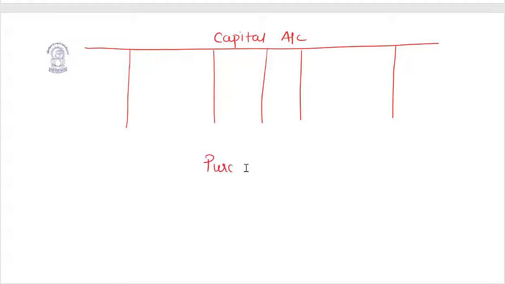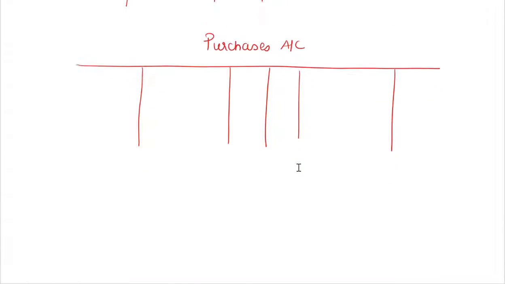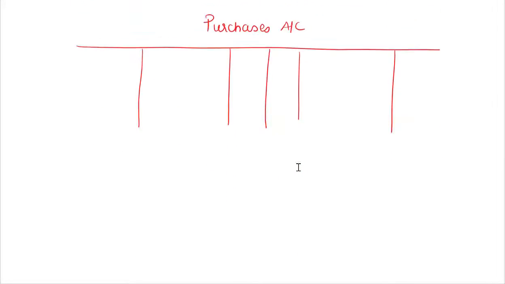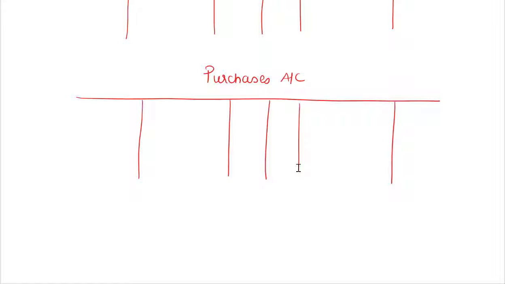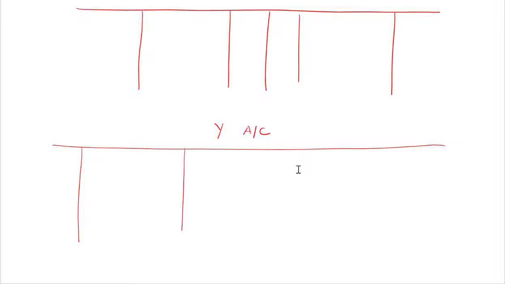The next account is purchases account. Date, particulars, amount, date, particulars, amount. Then we will make Y account. Date, particulars, amount, date, particulars, amount.